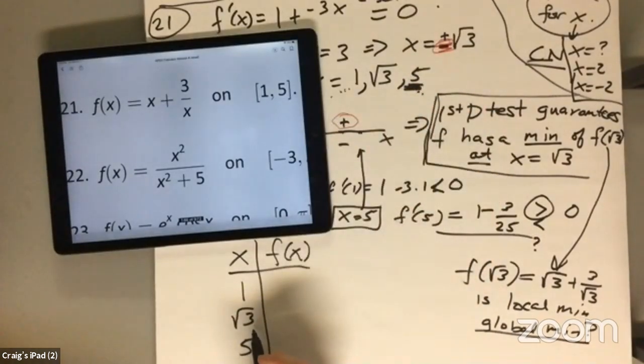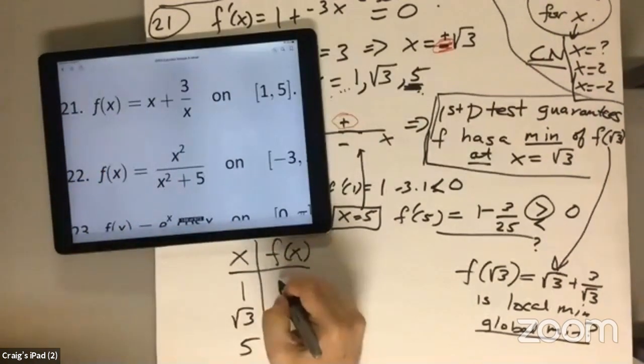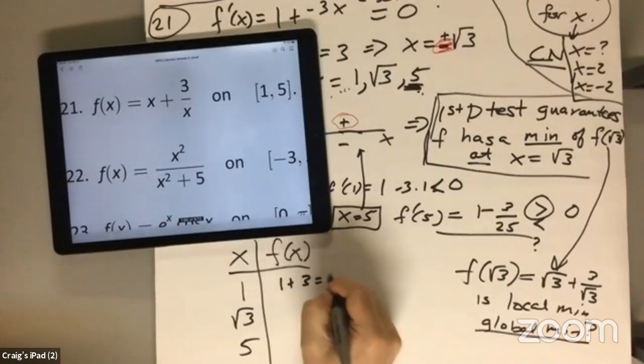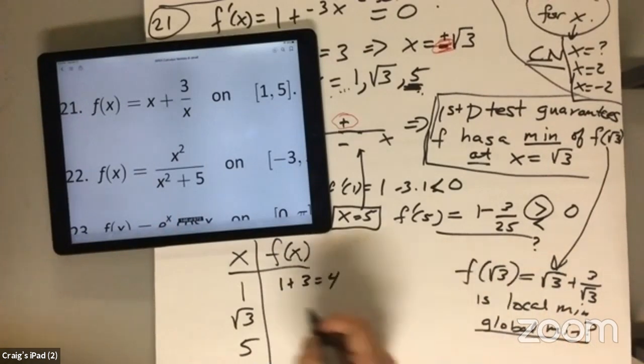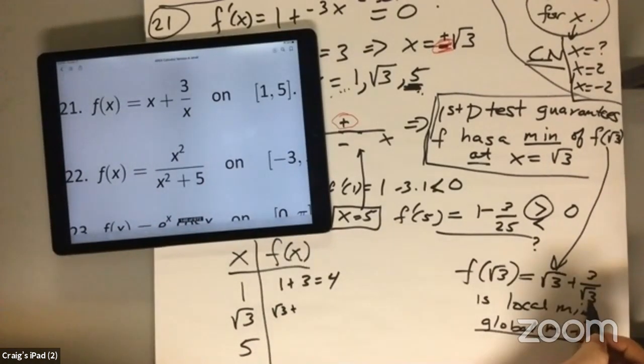On the endpoints, the derivative technically doesn't exist. So I stick in x to the original function f, and I get 1 plus 3 divided by 1, which is 4. Square root of 3 gave me root 3 plus 3 over root 3.